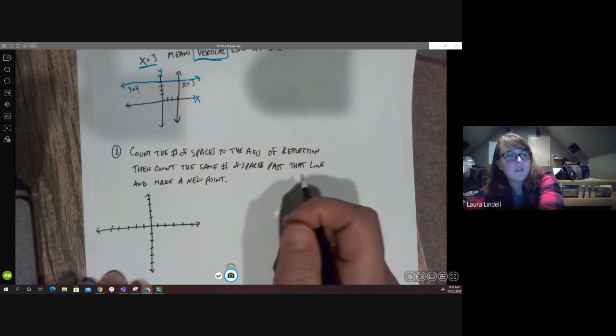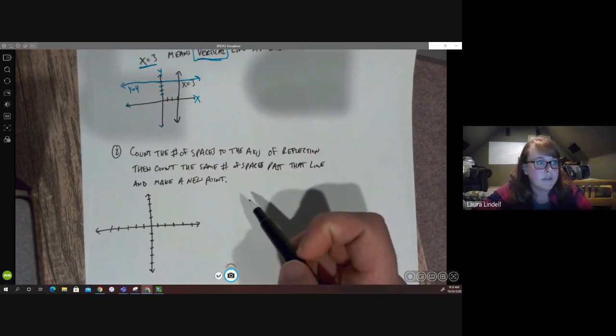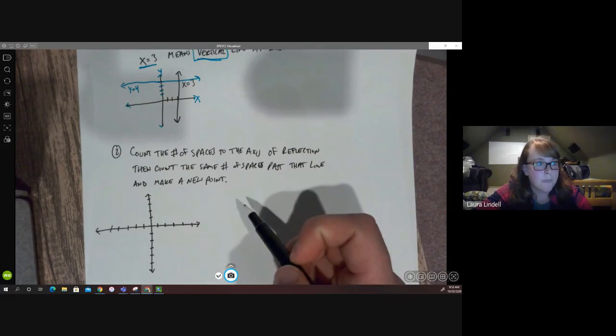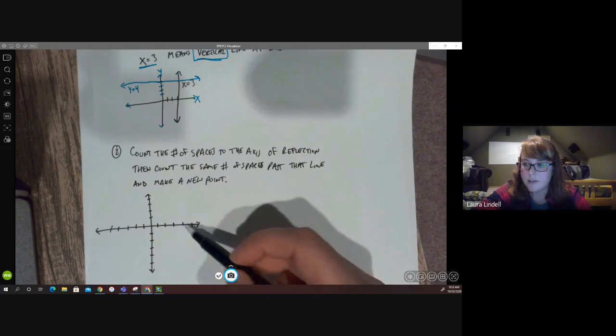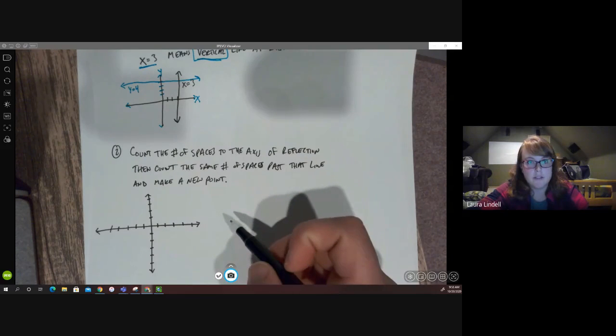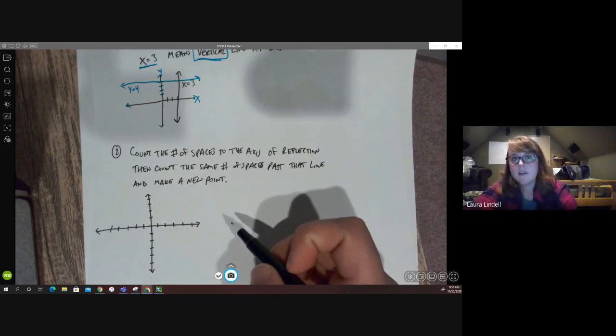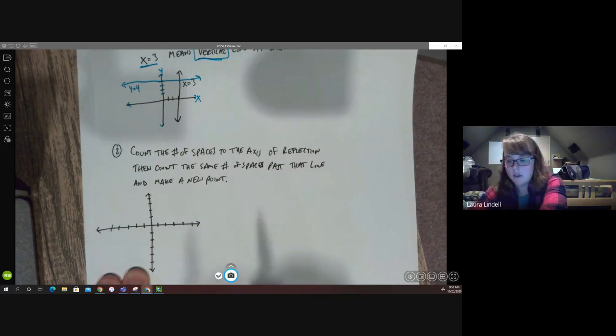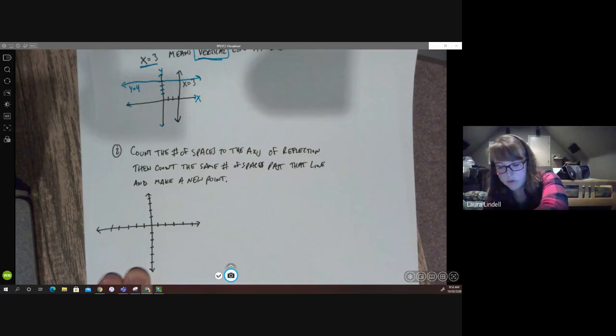We do our best again to space them similarly apart, but if it's not perfect, that's okay. So the first thing we're going to be given is an original shape.